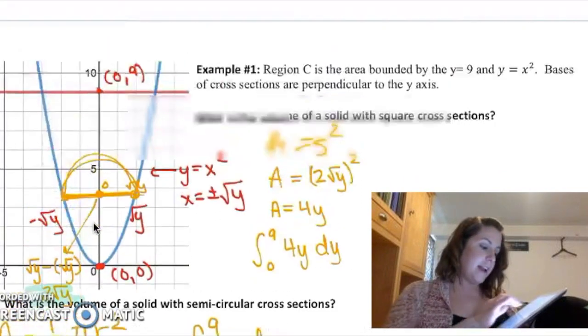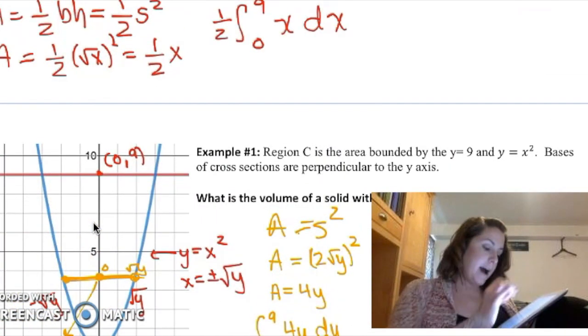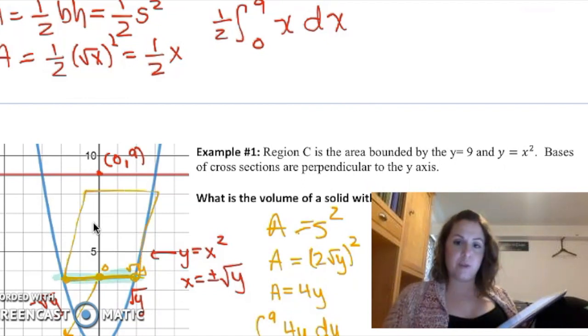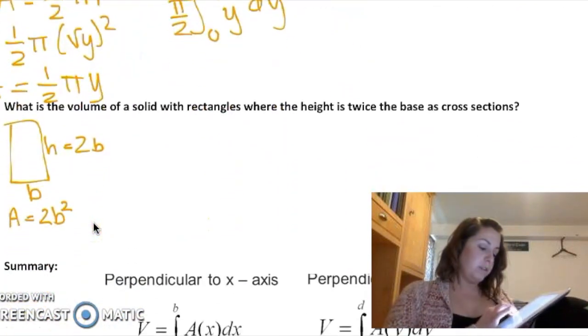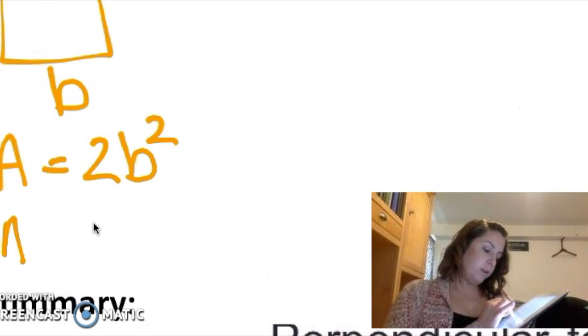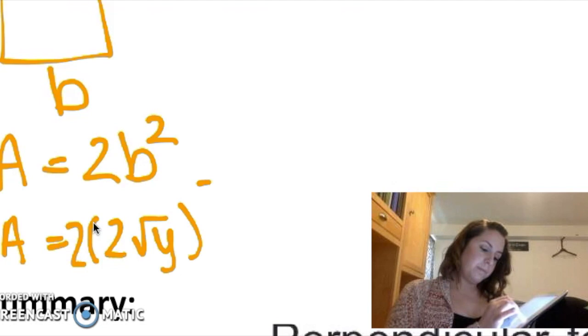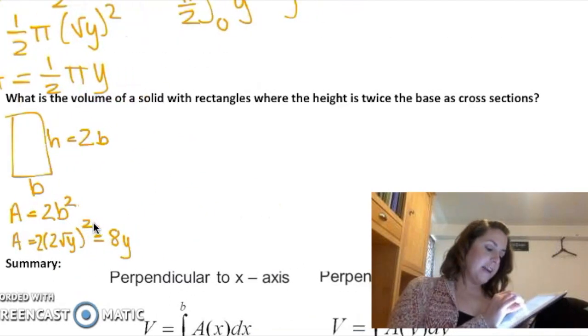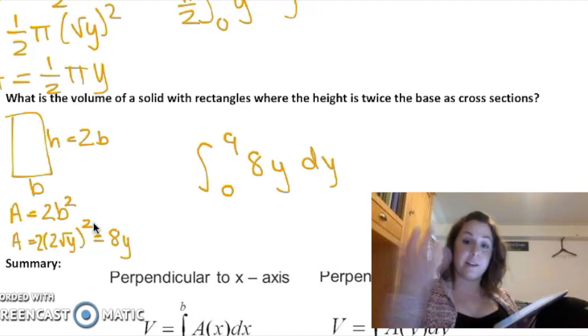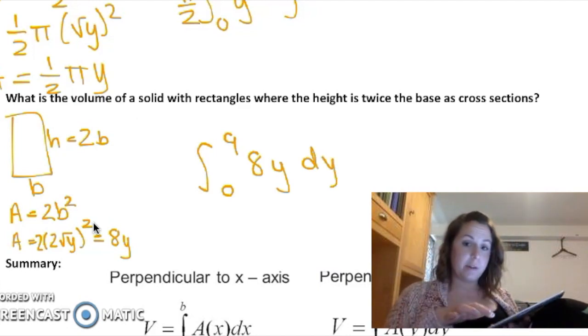So your base length, again, if you're placing this on top of this region, your base length is that distance right there from the right to the left. So that base length is going to be 2 radical y. So this would give me 8y, square both parts. So I would have the integral from 0 to 9 of 8y dy. Again, that 8 could just come out to the front, and that's totally fine.